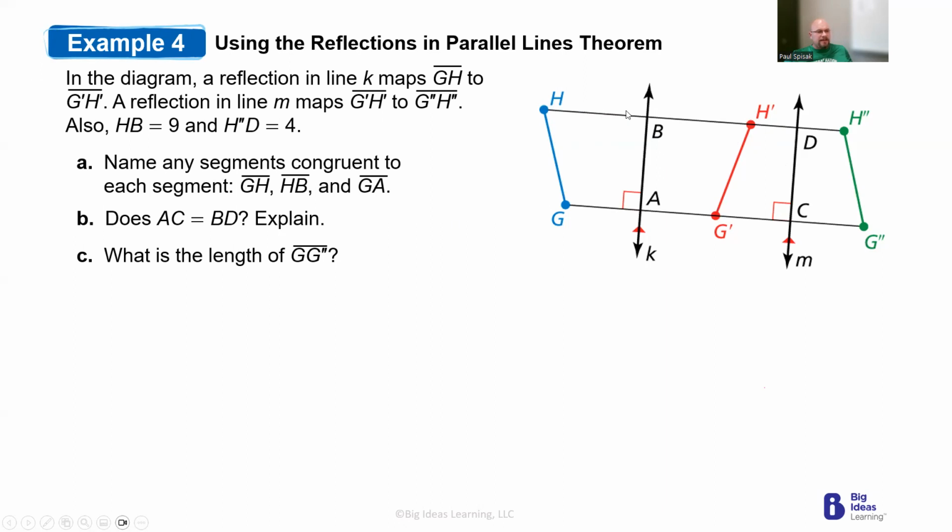Also, H double prime D is equal to 4. Name any segments congruent to each of those segments. So we don't have a lot of congruency things marked. For GH, there's G prime H prime and G double prime H double prime.